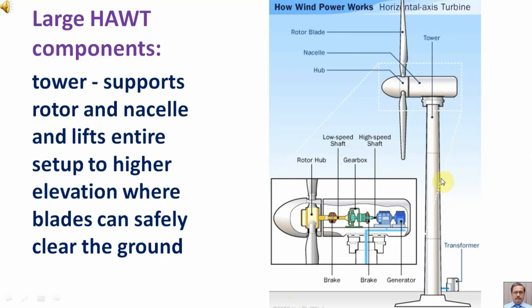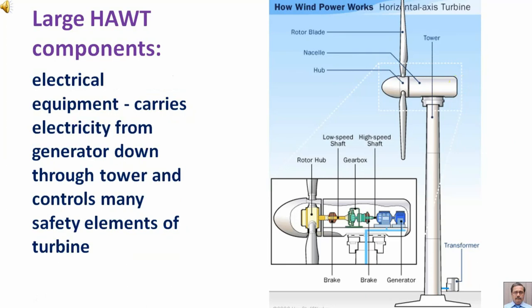Tower supports rotor and nacelle and lifts the entire setup to a higher elevation where blades can safely clear the ground. Electrical equipment carries electricity from the generator down through the tower and controls many safety elements of the turbine.